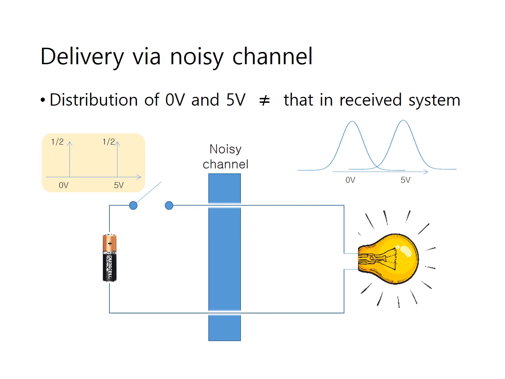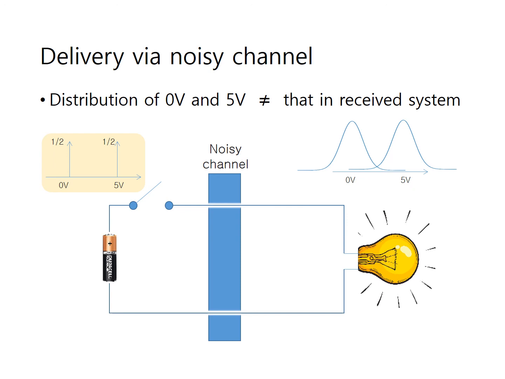If the binary data is 0, so 0 volt is transmitted, but the noise happens to be 3 volt, it adds 3 volt. Since it exceeds the judgment standard of 2.5 volt, the receiving side has no choice but to judge it as binary data 1. So this is called an error. To be precise, it is a bit error.